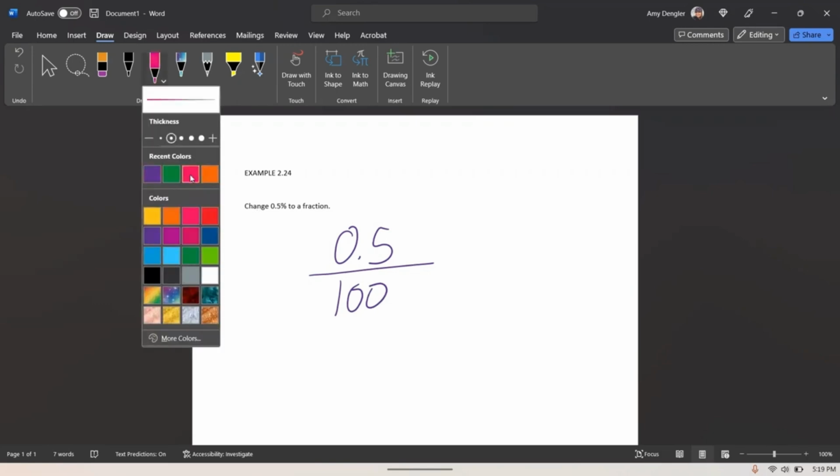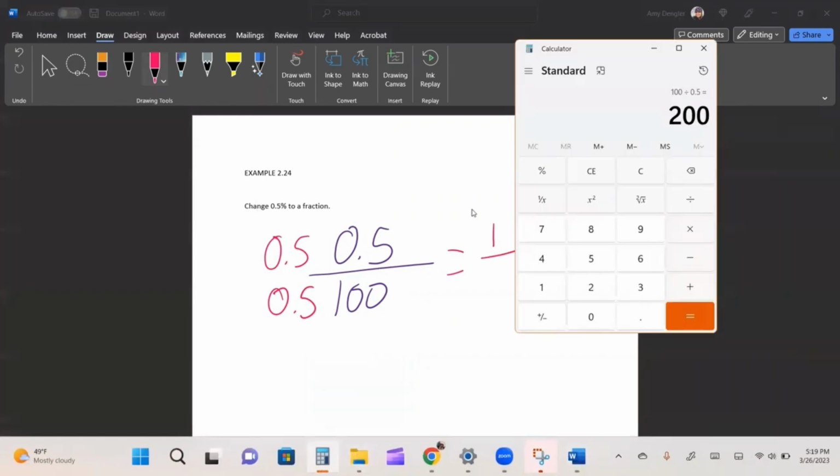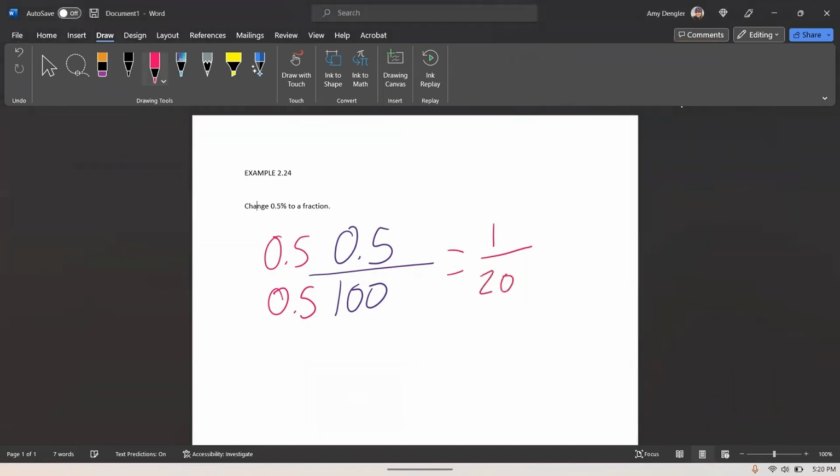And obviously we can't leave it this way. But if we divide both of these numbers by 0.5 on the top, 0.5 divided by 0.5 is 1. And then 100 divided by 0.5, I've already done the calculation, is 200. So that's our answer, 1 over 200.